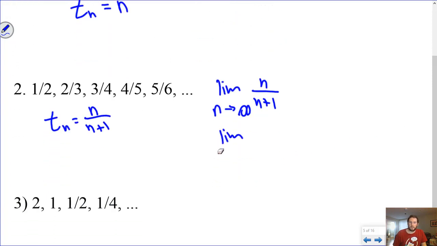So now I'm looking for the limit as n approaches infinity of n over n divided by n over n plus 1 over n. Now let's simplify everything. It's the limit as n approaches infinity of n over n is 1, n over n is 1, and this thing is 1 over n.